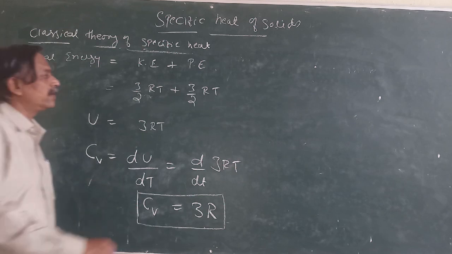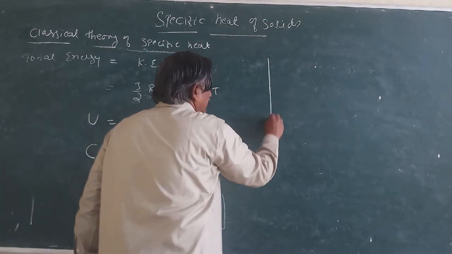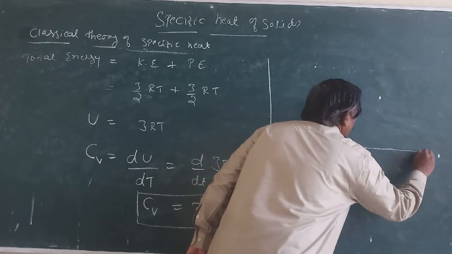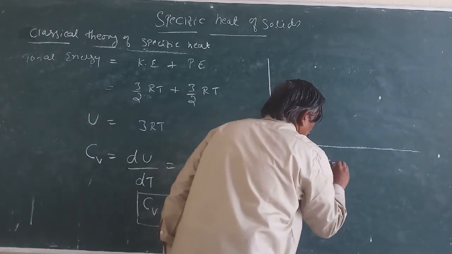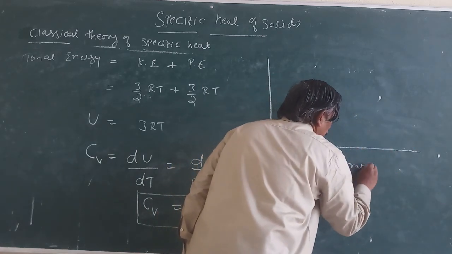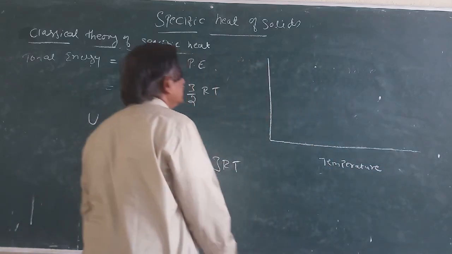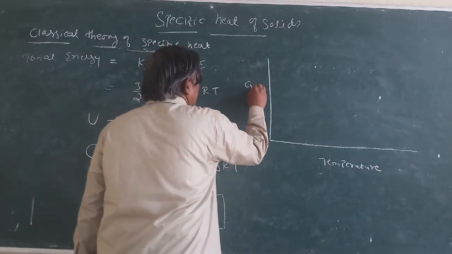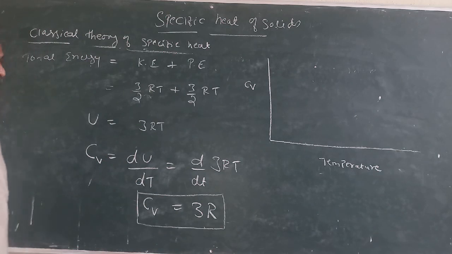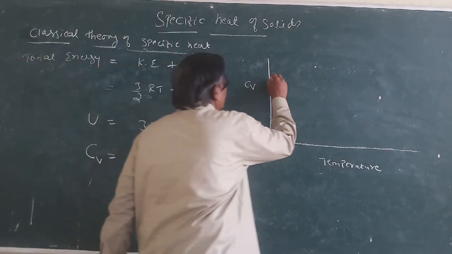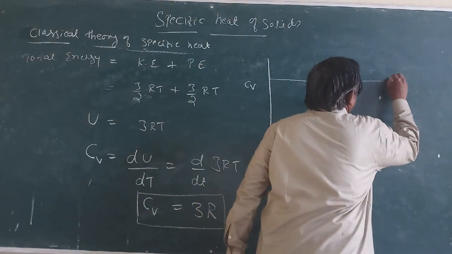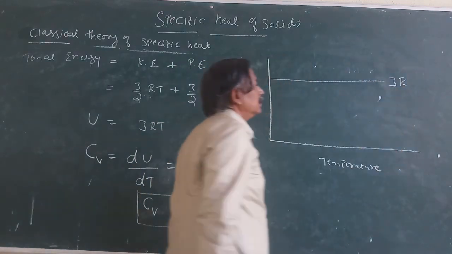For this, if we draw a graph of temperature versus Cv, the specific heat at constant volume, the nature of the graph will be in this fashion, a constant line at 3R.